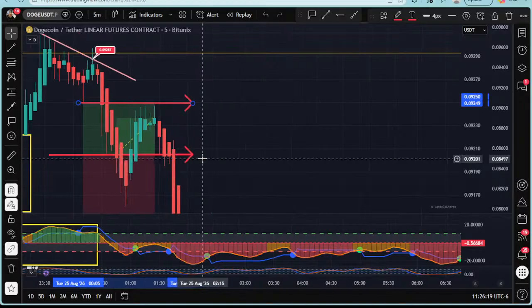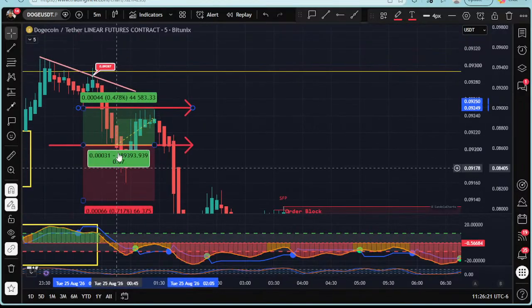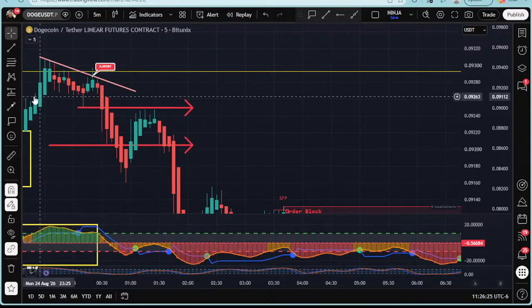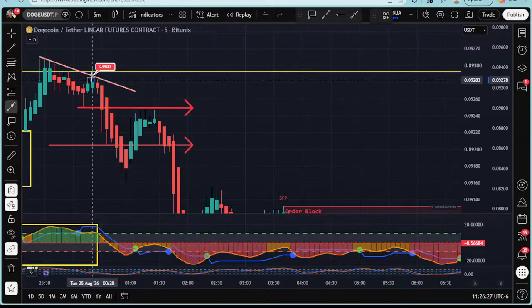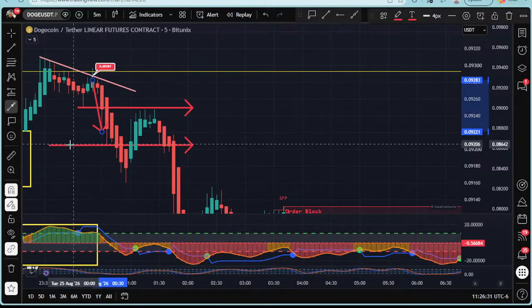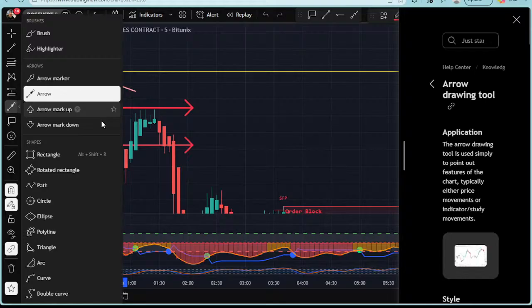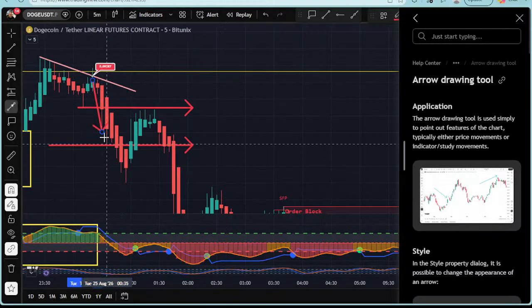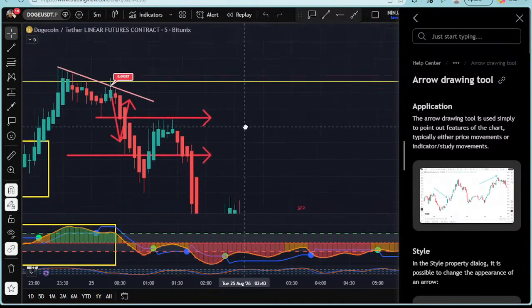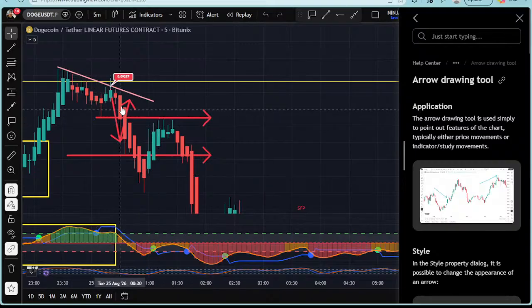And in this scenario, we actually got the second target. And how it would have played out, remember I told you, once we go into the short and it breaks down, which would have been here, and it bounces up, which would have been here.